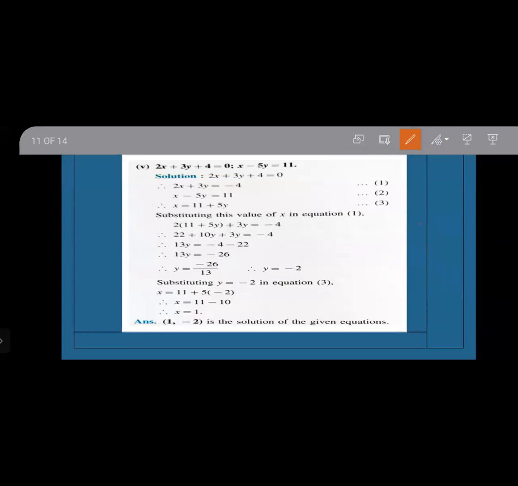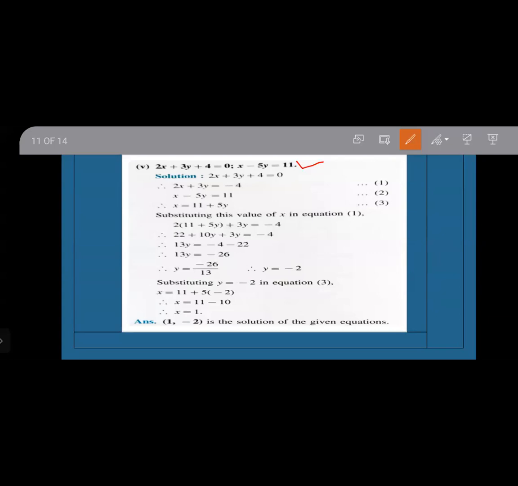Now this particular equation is solved by the substitution method. In the substitution method, as I told you, select any one equation, the lowest one. Here you can see the second equation is the lowest one, because the coefficients are smaller.